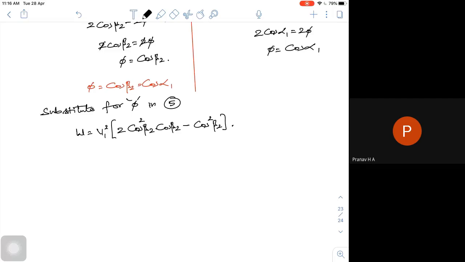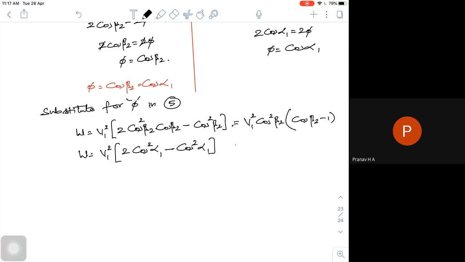Or I can write W is equal to V1 square into 2 cos square alpha 1 minus cos square alpha 1. So for further simplification, I can take cos square beta 2 outside. So this will be V1 square into cos square beta 2 into 2 cos beta 2 minus 1.